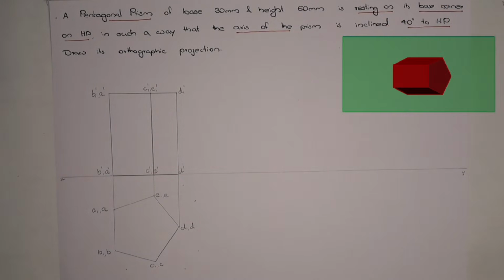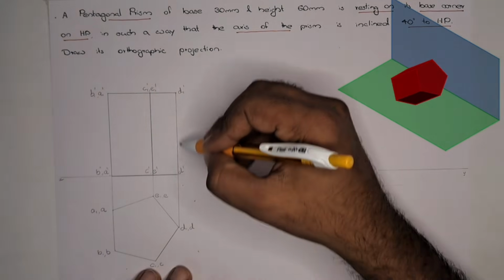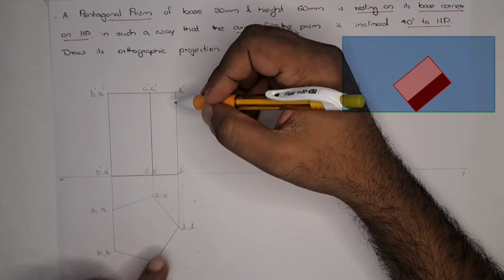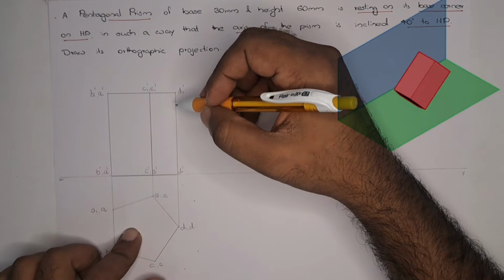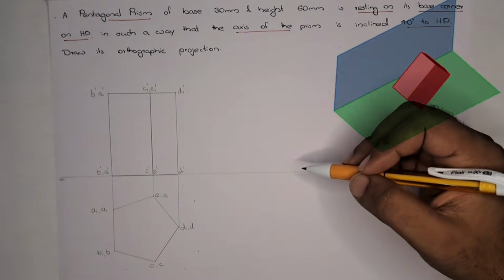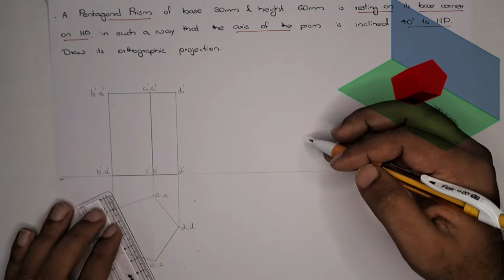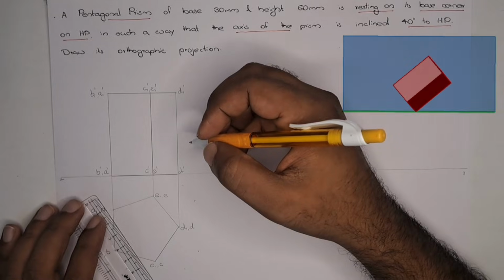Now the axis is inclined 40 degree to HP, so the axis is parallel to the lateral side. So we can show the axis over here and we can take the complementary angle, for that we can mark the distance.